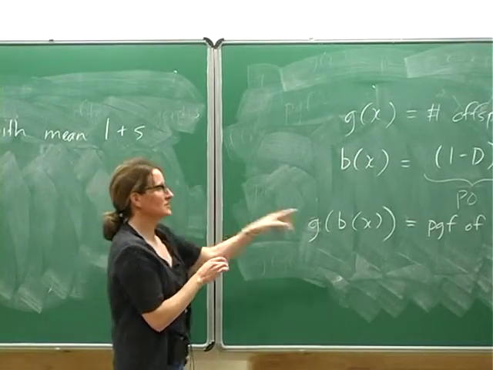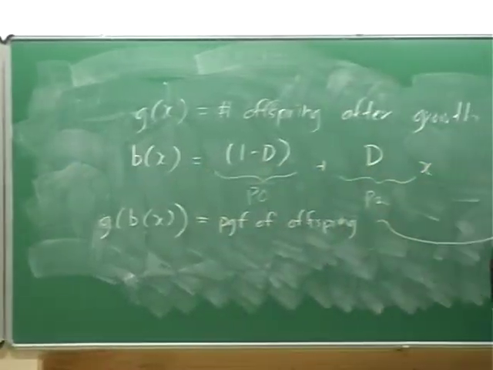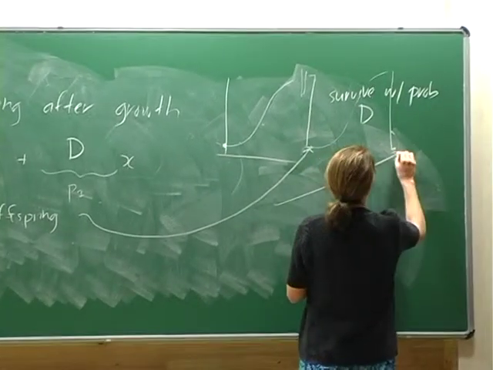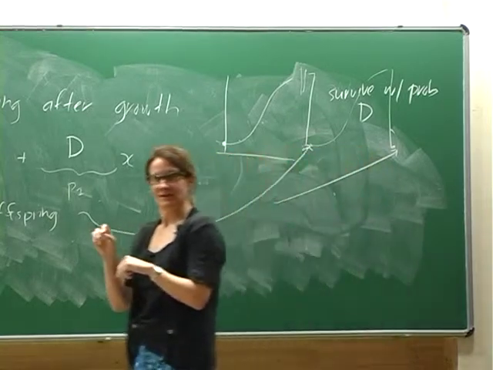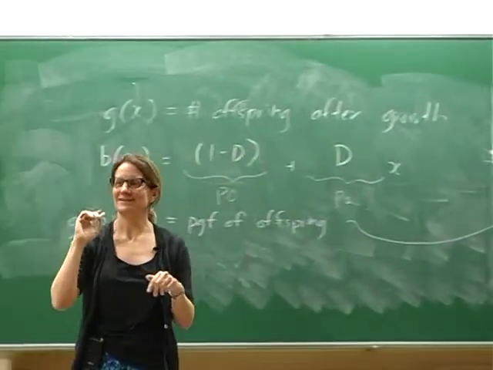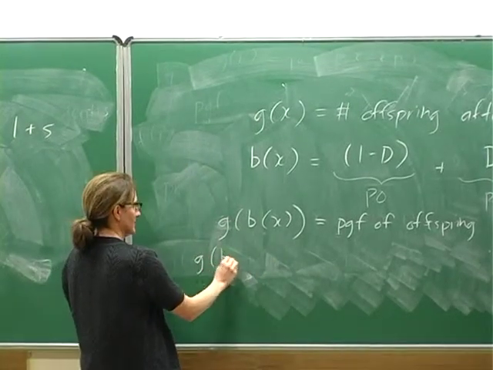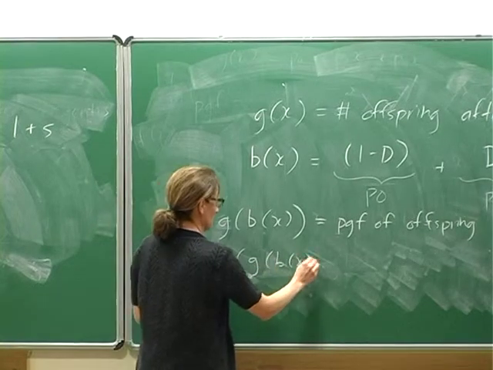What's the probability distribution of the lineage here, right after the second bottleneck? Yeah, I think I'm hearing it. G of B of, yeah, beautiful.